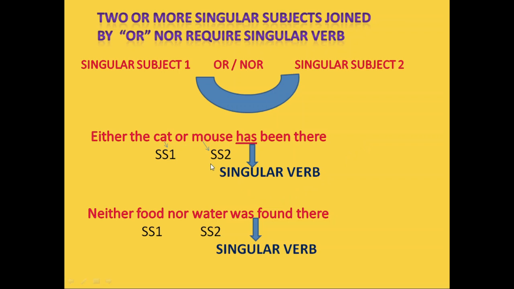So, cat is singular subject 1 and mouse is singular subject 2. So, they are joined by or. So, the verb has is used which is in the singular form. Neither food nor water was found there. So, food is singular subject 1, water is singular subject 2. So, we have a singular verb used in this sentence which is was.